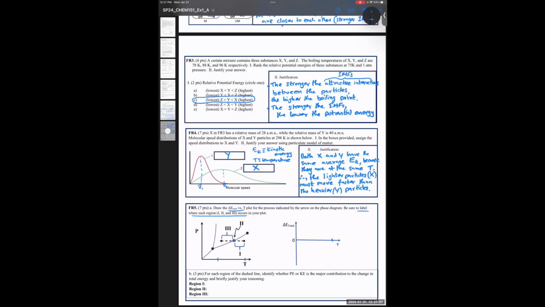So let's start from here. Delta E is 0 at the starting point because you haven't touched the system. And then when you cool it down, the total energy decreases. Therefore, you're going to see something like this. And then at region 2, it is undergoing a phase transition. The gas is becoming a liquid. During phase transitions, temperature remains constant, but the system will keep losing energy. Why?